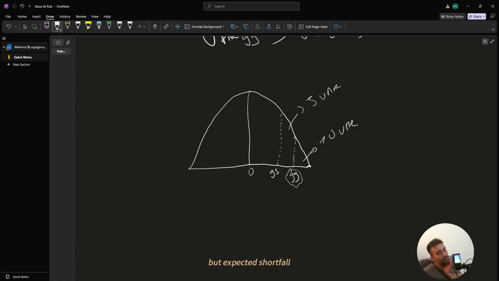But expected shortfall has different consequences, because expected shortfall is always bigger than value at risk, but this is focusing on outputs, and always the mean. For instance, 5 value at risk has these events.